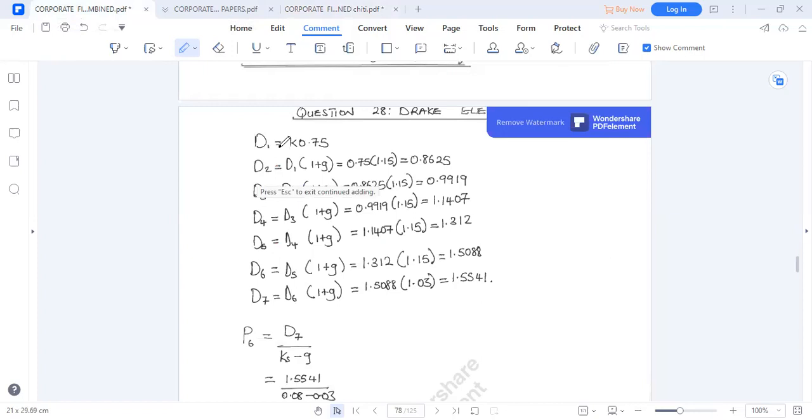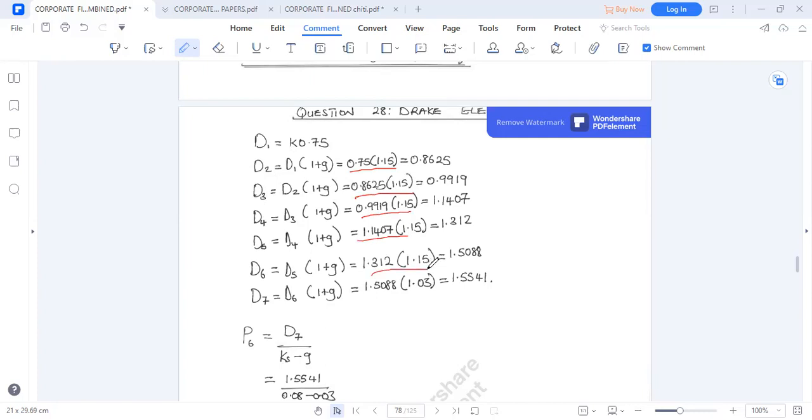So it's starting from D1. So you can calculate the future value and discount them. So D1 will help us find D2, D3, D4, and D5. So when you apply D1 times 1 plus growth, we get the value of D2, the value of D3, value of D4, value of D5, value of D6.